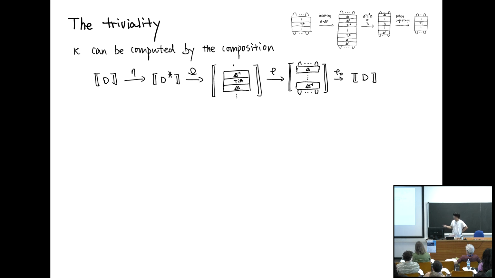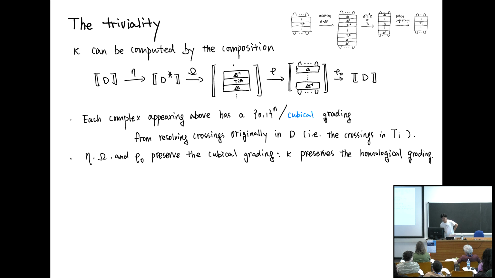Now the observation is that in each step of this complex, we have a 0, 1 to the n grading, which I'll call the cubical grading, and that just comes from the way you resolve the ordinary crossings appearing in D. We have a composition of four maps, but three of them actually preserve this cubical grading.